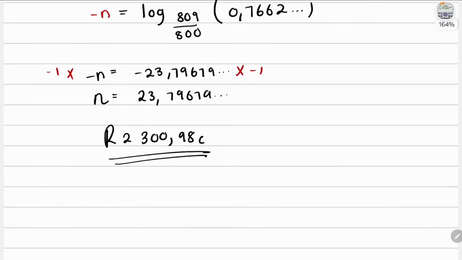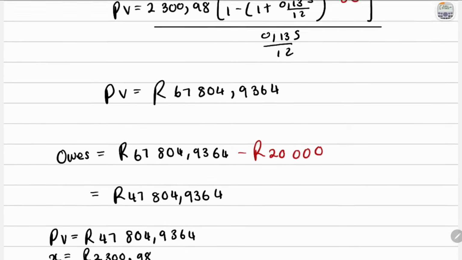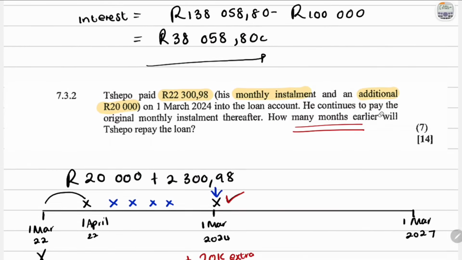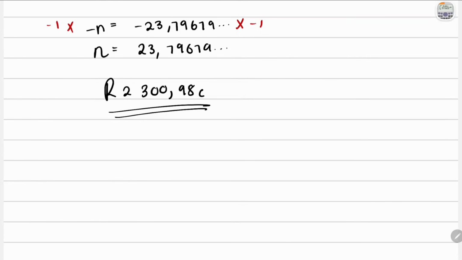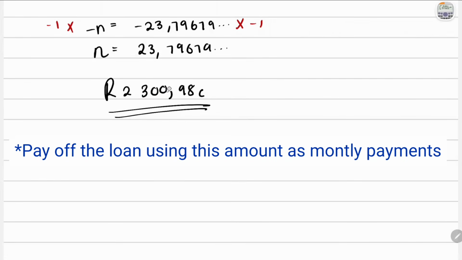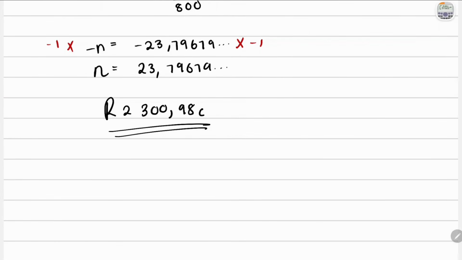The question, right, is how many months earlier will Tsepo repay the loan? If you're thinking about how many months earlier he has to pay off the loan, we need to find out how many months it is going to take him to pay off this amount. We got 23.79.